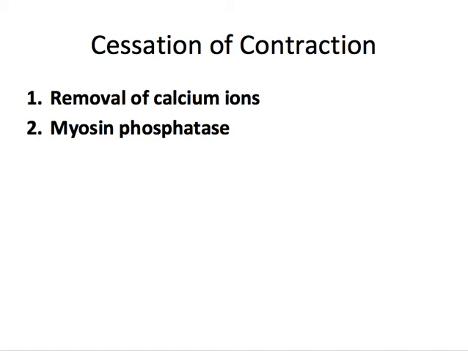And secondly, an enzyme, myosin phosphatase, is required for the reversal of myosin head's phosphorylation. So, what does it do? This enzyme splits the phosphate from the regulatory light chain of myosin. And absence of this enzyme leads to the stoppage of attachment-detachment cycling of myosin and actin.